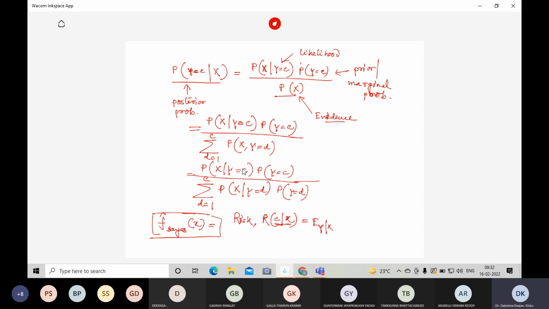So we can write the expected loss L of y comma C. Further if we expand this loss function, then we can write the summation over d equals 1 to C of loss function L of d comma C and posterior probability P of y equals to d given feature vector X. So here we are trying to estimate the risks of the Bayes classifier for a particular class C given feature vector X.